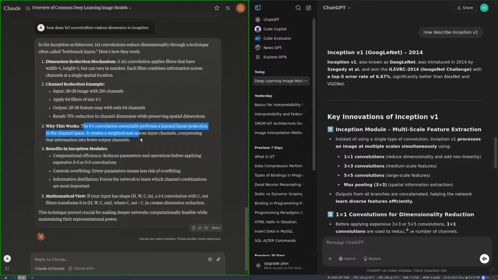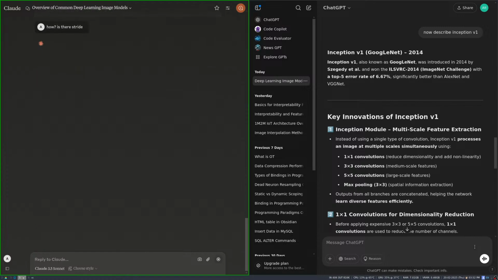It creates a weighted sum of the input channels, compressing that information into fewer output channels. Like, how is that possible, right? Is there stride? No, there's no stride involved.